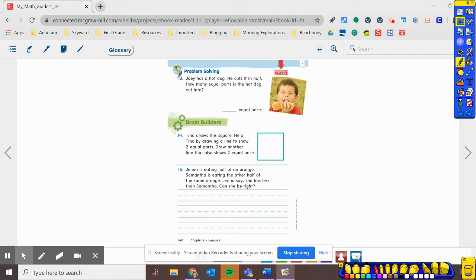If you break something in half or cut it in half, how many equal parts do you have? I'm going to draw my hot dog here, just an oval, and I'm going to cut it in half. How many equal parts do I have? I have 1, 2, so 2 equal parts.